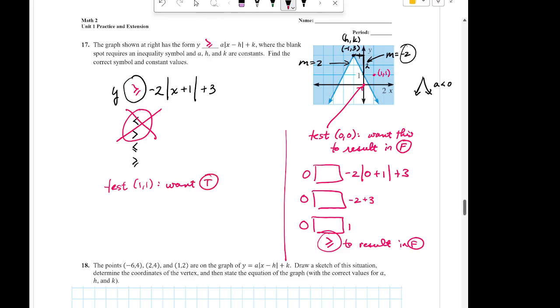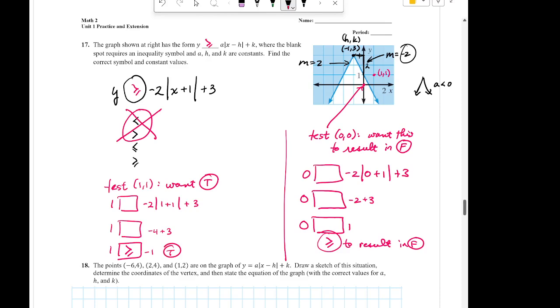So we're going to plug in 1 for Y and 1 for X. And then we want this part to be true, right? Whatever we put in there. So if we work this out, we get negative 2 times positive 2 is negative 4 plus 3. So 1 and negative 1. And the only way that's true is if we have greater than or equal to. So either way, we get greater than or equal to in order to get the outcome that we want.